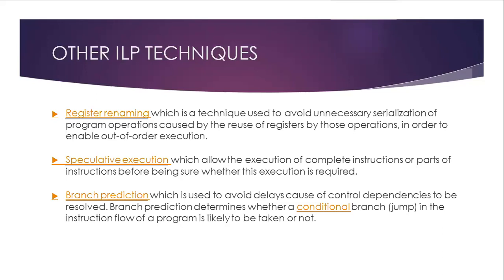Speculative execution allows the execution of complete instructions or parts of instructions before being sure whether this execution is required. And last one is branch prediction. It is mainly used to avoid delays caused by control dependencies to be resolved, and it also determines whether a conditional branch in the instruction flow of a program is likely to be taken or not.